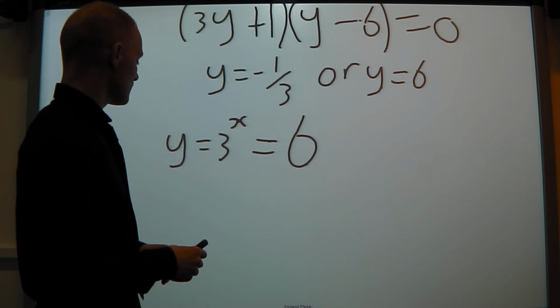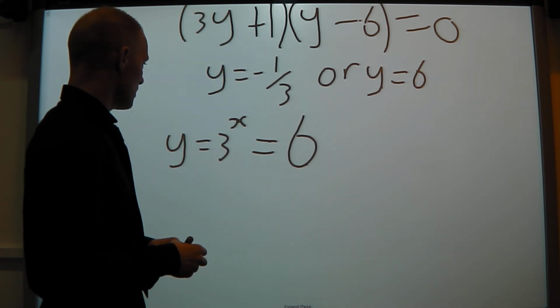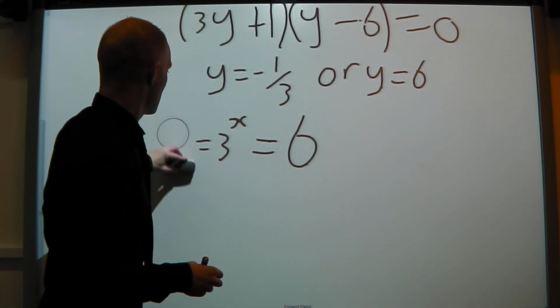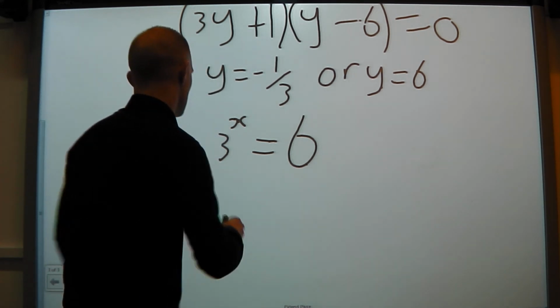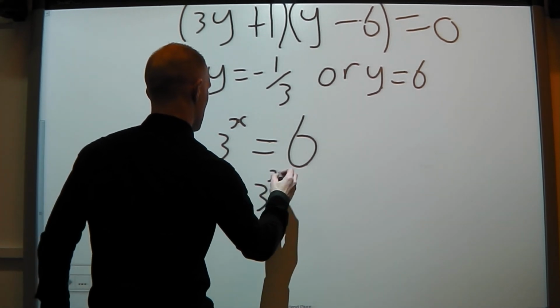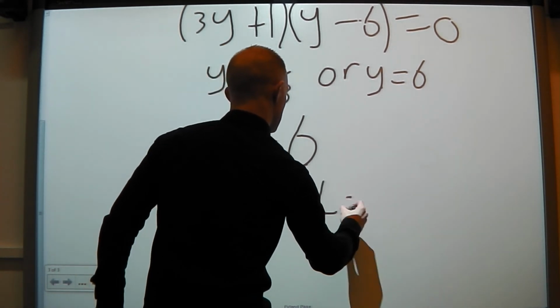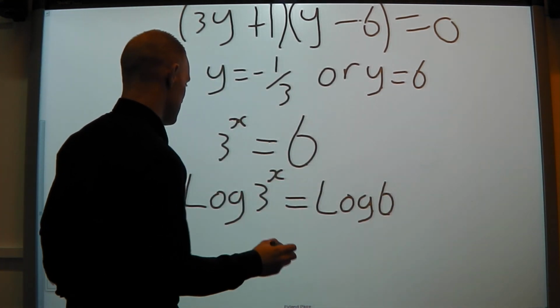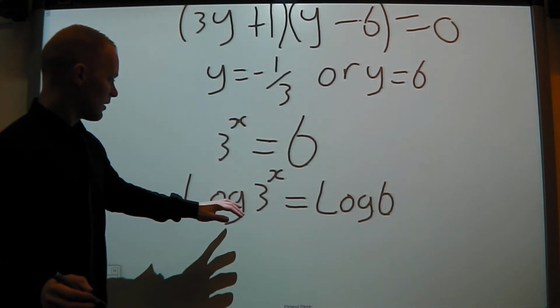And what we'd have to do here is log both sides. Right, so we have log of 3 to the power of x is equal to log of 6. And that is equal to x log 3.